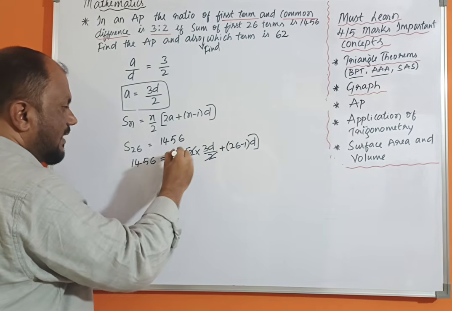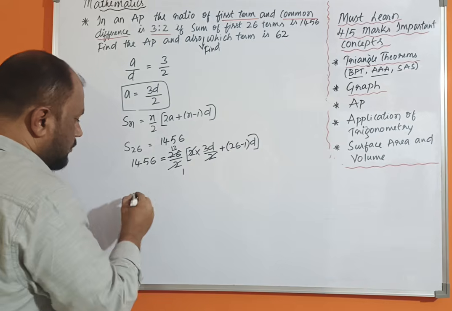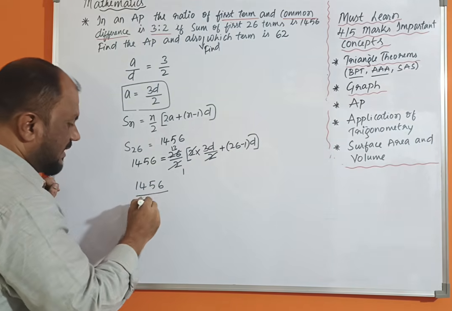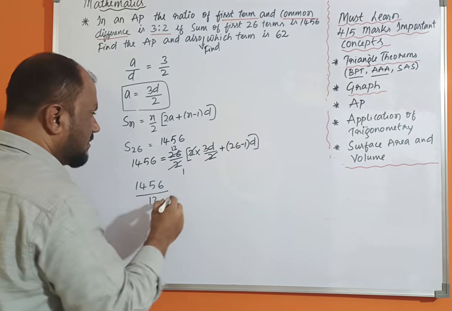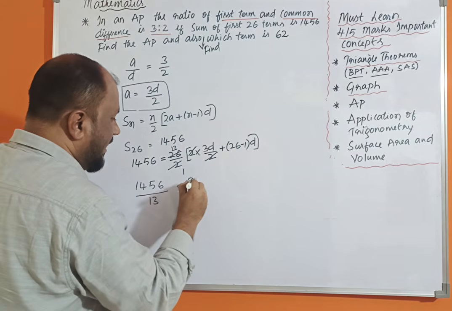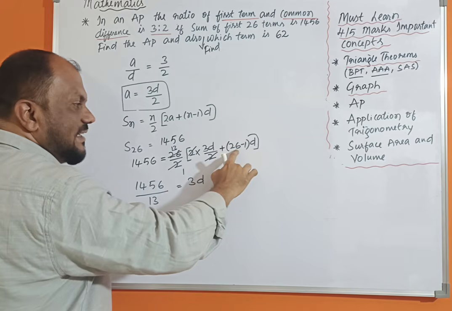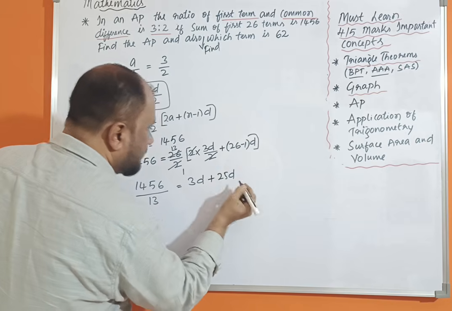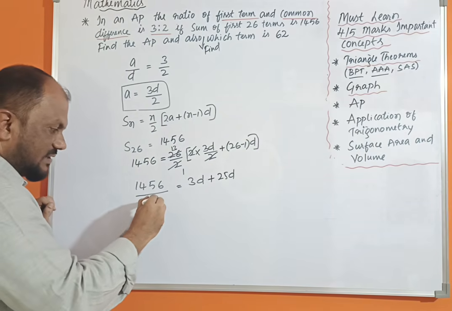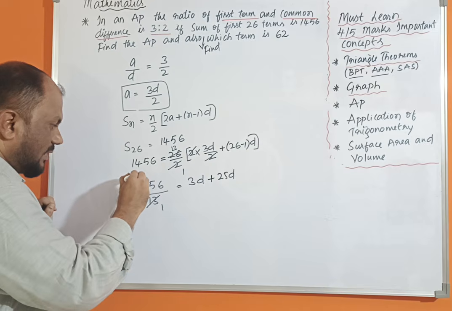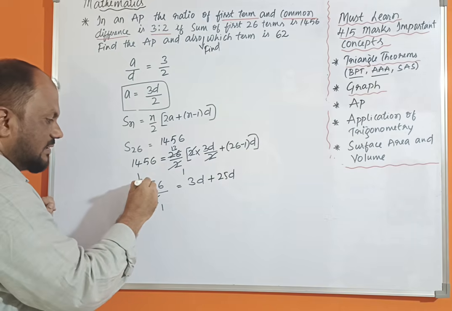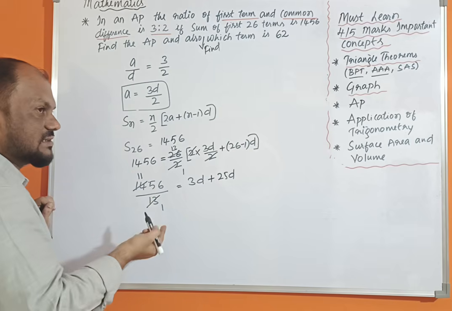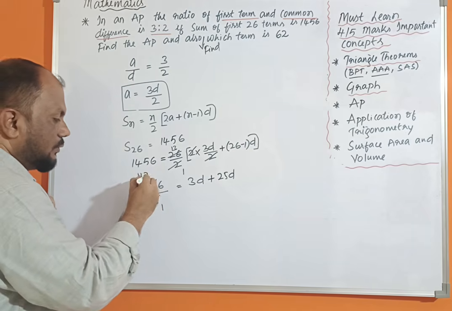Now 2 one time, 2 13 times. So I'll bring 13 to this side: 1456 divided by 13 is equal to 3D plus 25D, since 26 minus 1 is 25. Then 13 one time, 13 one time, 13; 1 remains, it becomes 15, so 13 one time, 15 minus 13 is 2, 26, 13 two times.